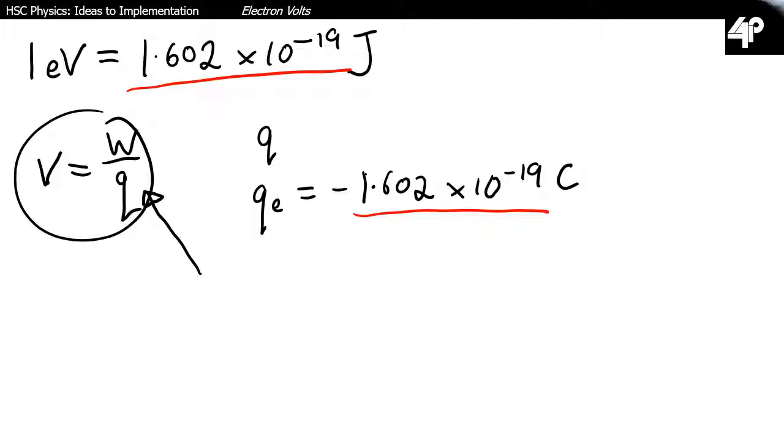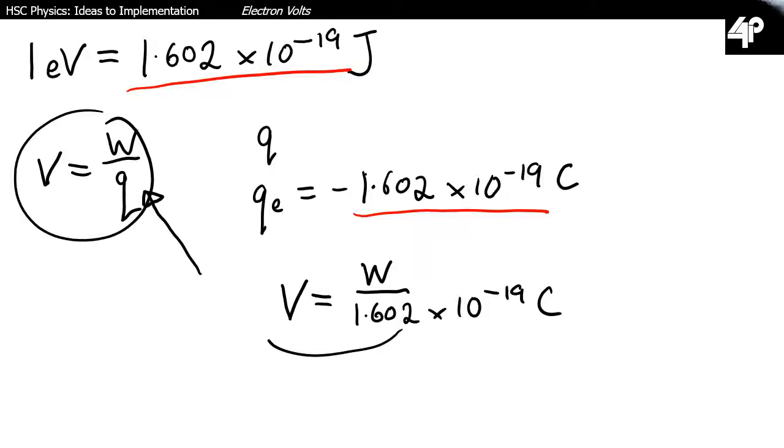All right, so what happens now is that we're just going to rewrite the formula out where we have the volts is equal to work done by 1.602 times 10 to the negative 19 coulombs worth of charge. Multiply that across there, and this is going to give us the electron volt.